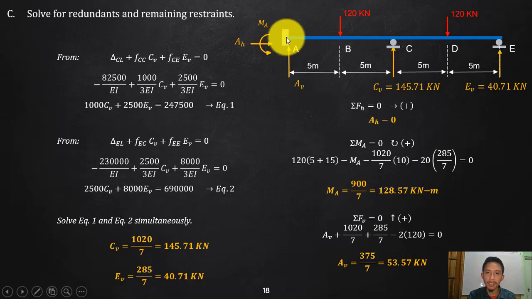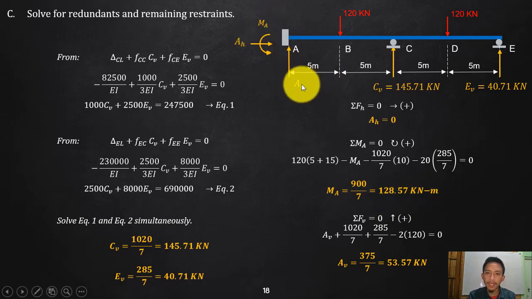Solving the moment at A, get the moment about A. 120 is clockwise, this will now be positive. MA, I assume that one to be counterclockwise, so that is negative. And then of course, reaction at CV is negative since counterclockwise, and reaction at E is negative, counterclockwise. End up with 900/7, which is the same, 128.57, and the same direction as a while ago. So we're good.